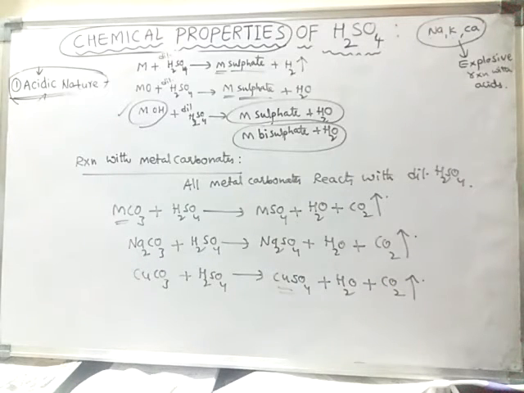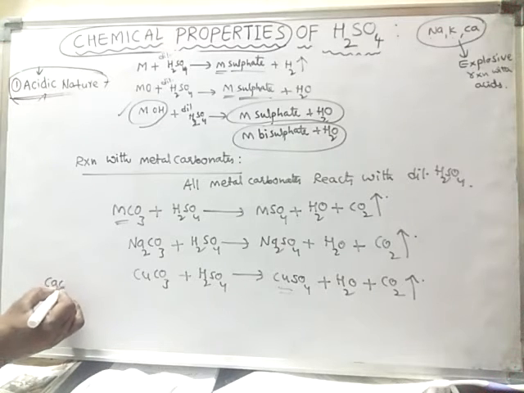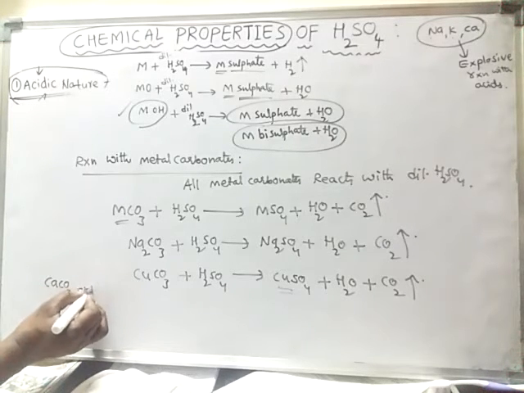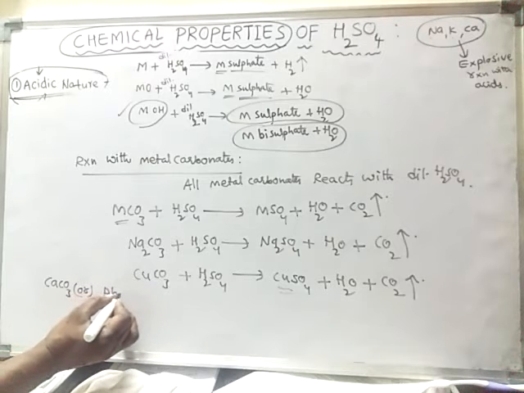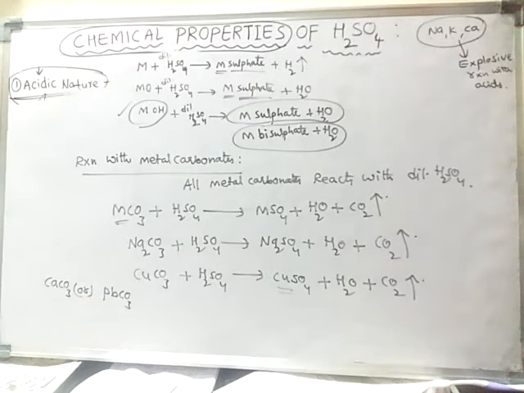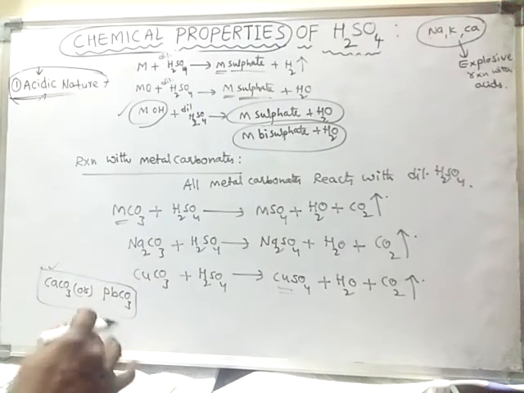So generally these metal carbonates react like this. But here is one thing we have to learn. Suppose it is calcium carbonate or lead carbonate, what happens when they react with dilute sulfuric acid?